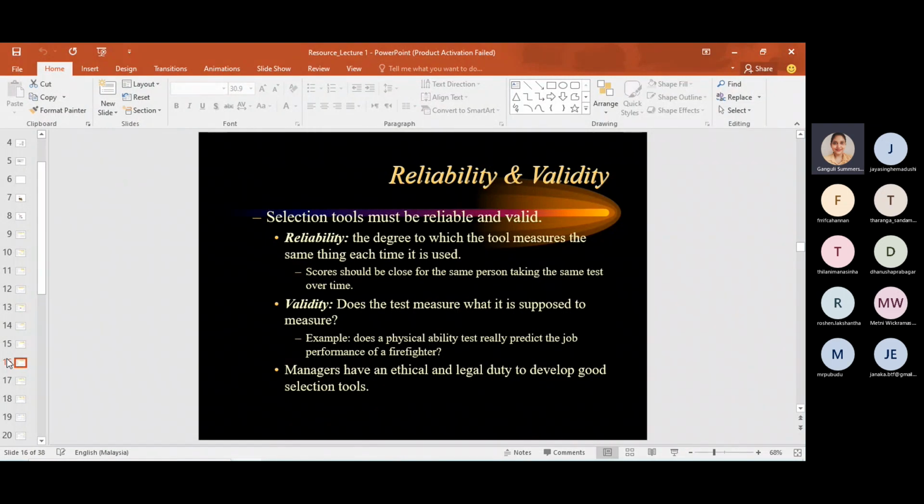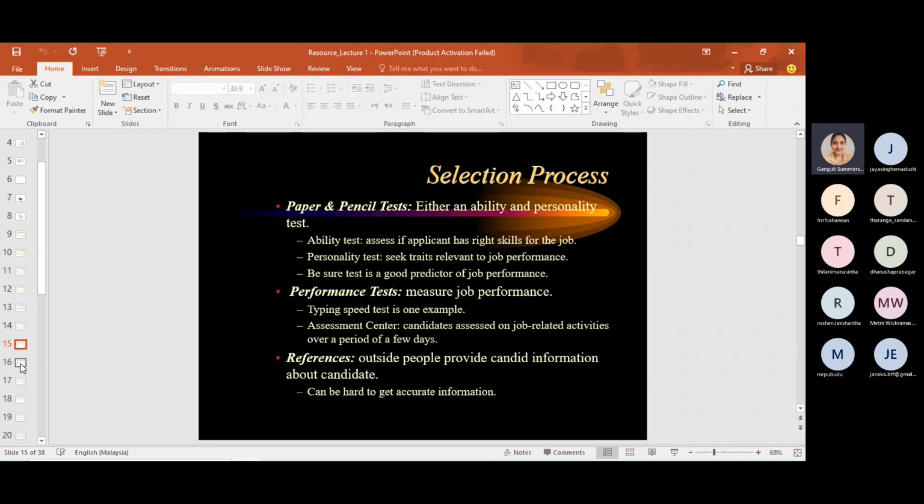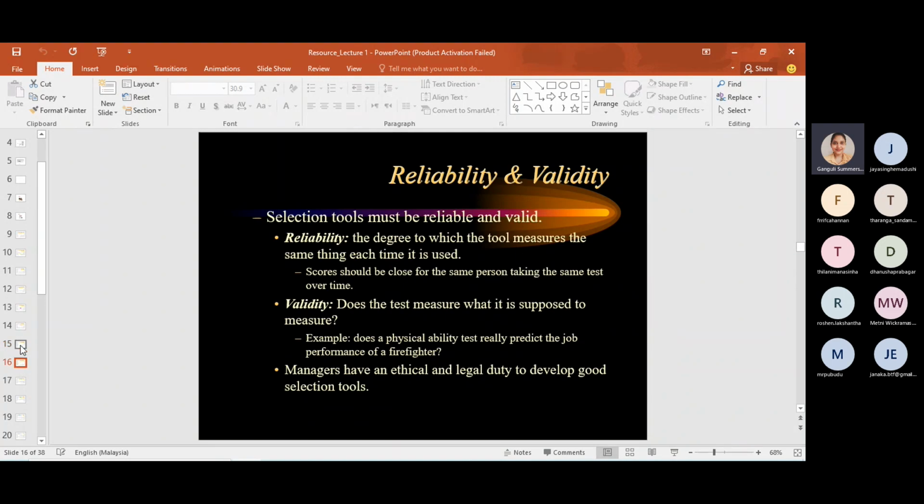We discussed some paper and pencil tests previously, right? If the same person takes the same test several times, then the test will not be reliable. The test results will not be reliable.